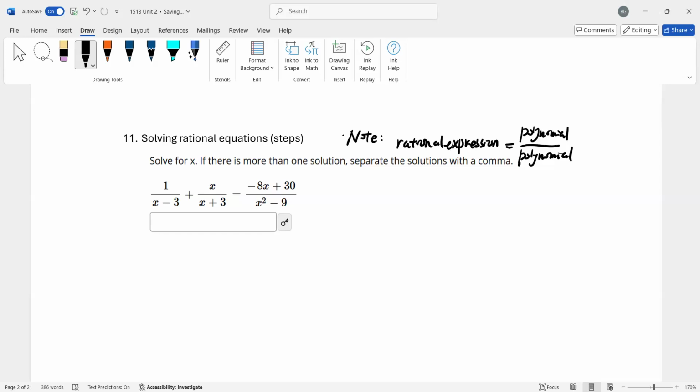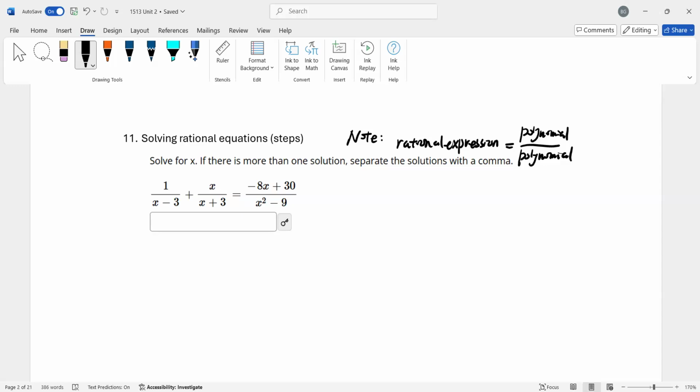But we know if you add 2 polynomials together, you have a polynomial. If you subtract 2 polynomials, you get a polynomial as a result. And if you multiply 2 polynomials, you still have a polynomial as the product. However, if you divide a polynomial by a polynomial, we do not necessarily have a polynomial as the quotient.